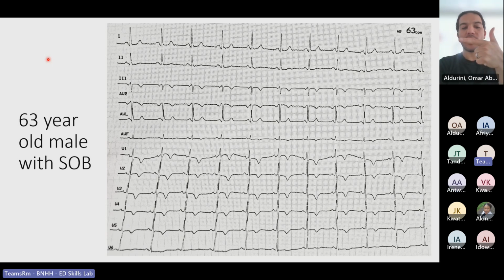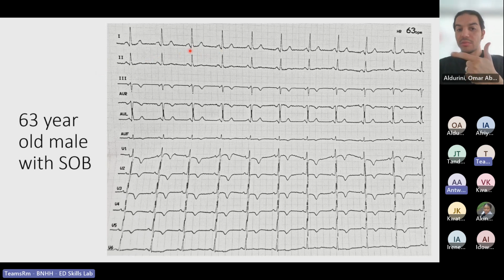So waves first. Is the wave the same as the speed? The waves are the shape, these shapes: P wave, QRS and T waves. What I'm thinking about the waves is, are they all present? Are they consistent?